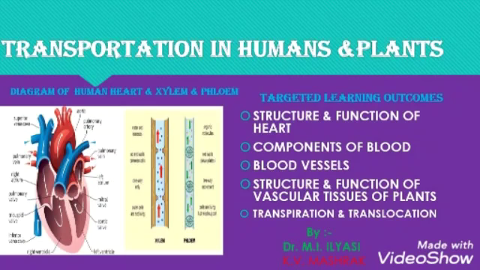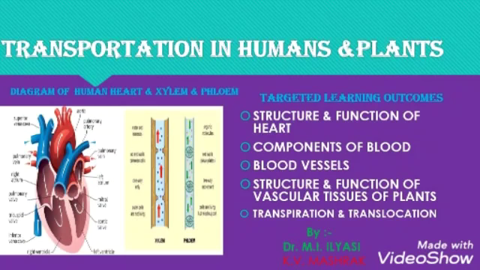The carbon dioxide rich blood has to reach the lungs for the carbon dioxide to be removed, and the oxygenated blood from the lungs has to be brought back to the heart. This oxygen-rich blood is then pumped to the rest of the body.